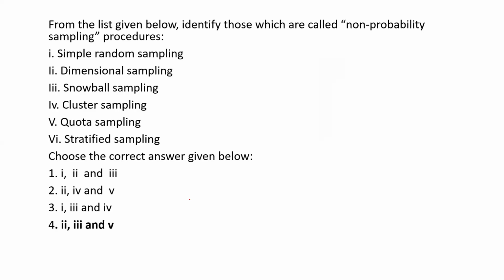Simple, systematic, stratified, and cluster sampling are probability sampling. Suppose I tell you, snowball sampling and quota sampling are confirmed as non-probability. So the fifth one is here, and you can eliminate this one. The third one shows snowball, so the third one is the correct answer.